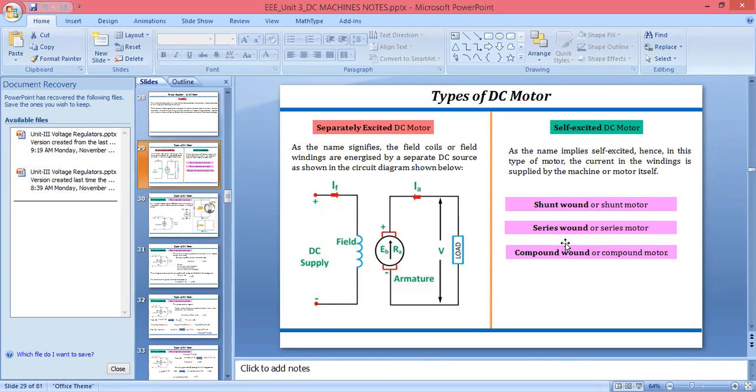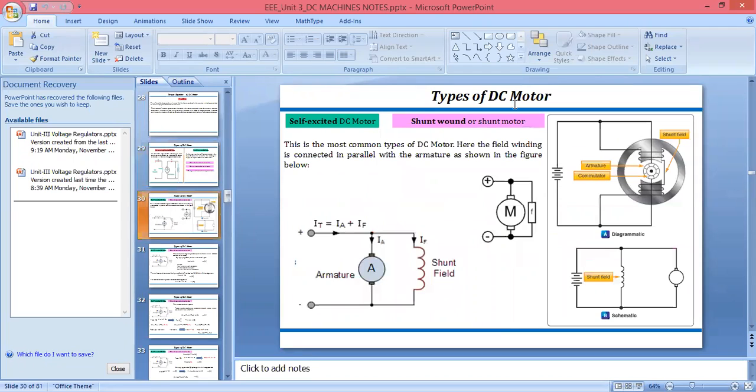Compound wound: here we can use any type of shunt or series in the compound self-excited DC motor. We can see them one by one. Firstly we have to see the series self-excited DC motor.